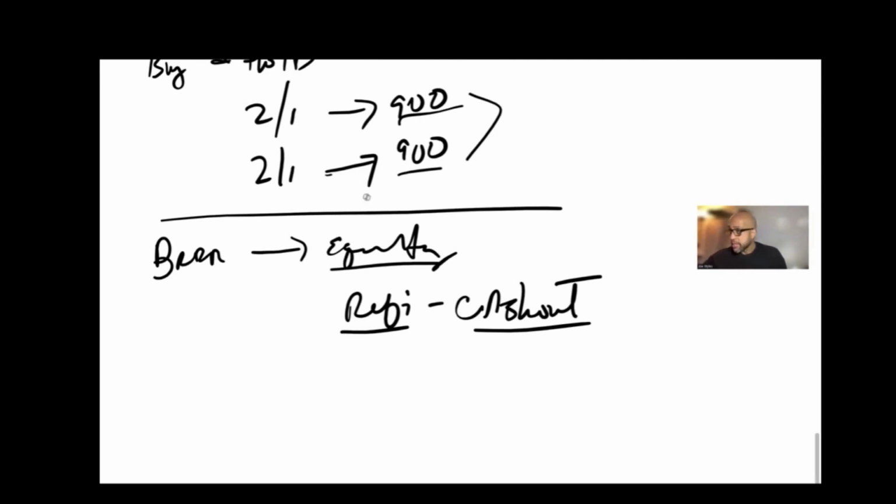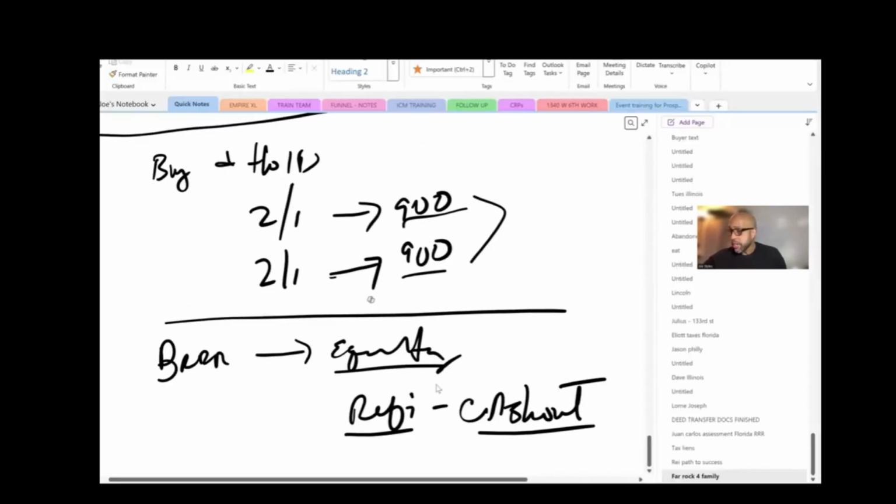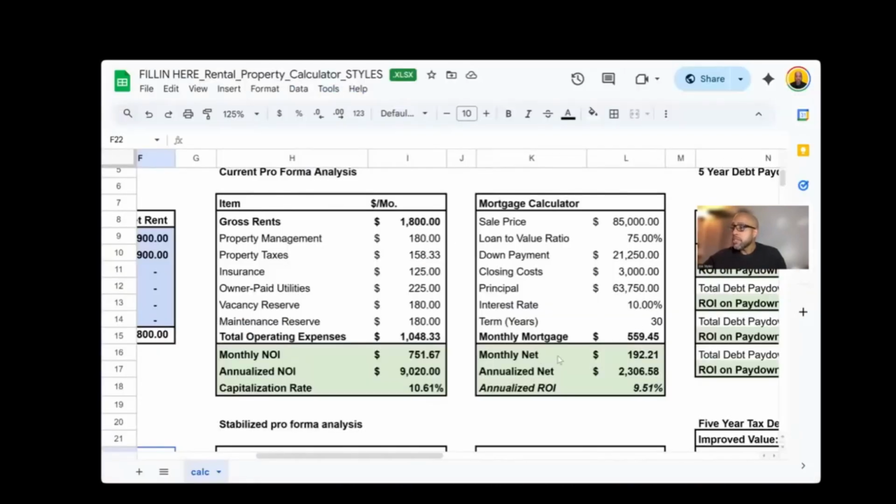Now, if we look at our rental, we did it over here, which is right here. If you look at our rental, the monthly net is only $191, right? So this is cool if we got equity, but at the sale price of $85,000, there's no equity. We'll take this if we can refi, and that's his problem.